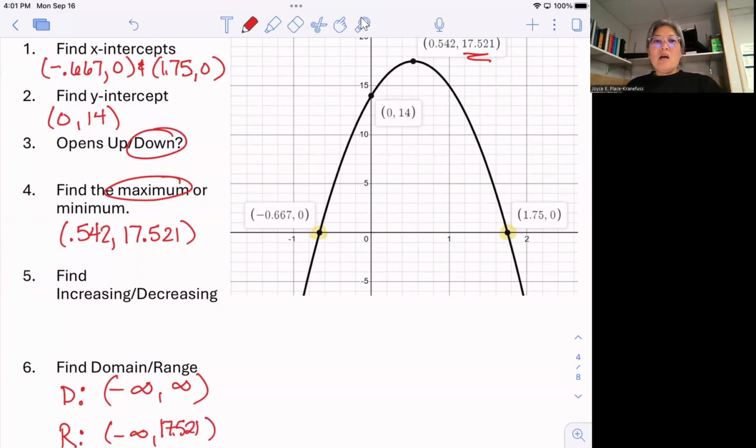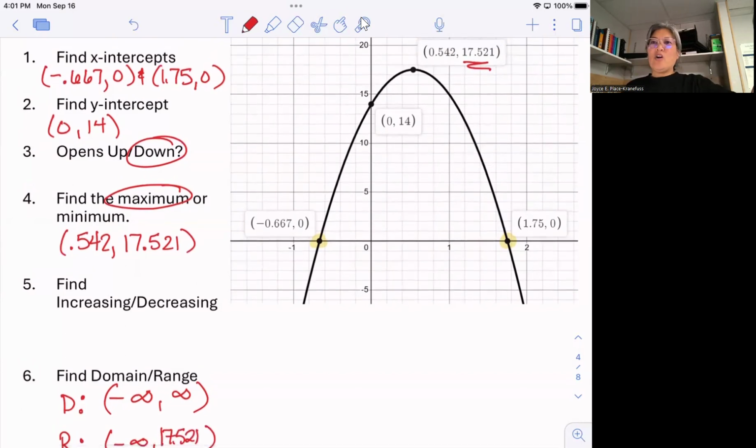Now, increasing and decreasing. If I go from left to right, so if I start over here on the left side, this is clearly doing what until we get to this value? It's clearly increasing. So it is increasing from negative infinity up to this x value of 0.542.